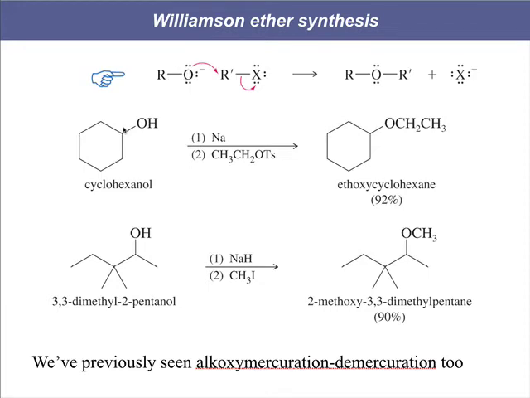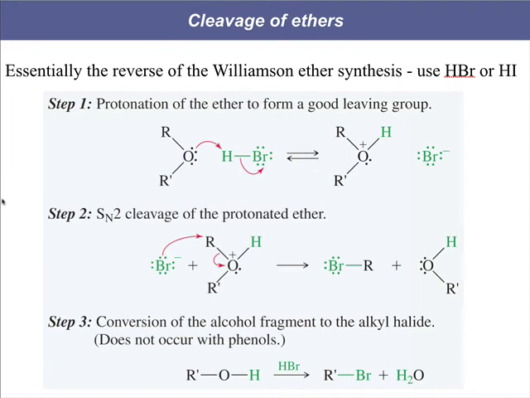So our alcohol, and then an alkyl halide, RBr or RI, or if it's a tosylate for a leaving group, R-tosyl. So the cleavage of the ethers gives you the products that you could start with to make the Williamson ether synthesis in the forward direction. So you can always reverse the Williamson ether synthesis by adding a little bit of hydrobromic acid.